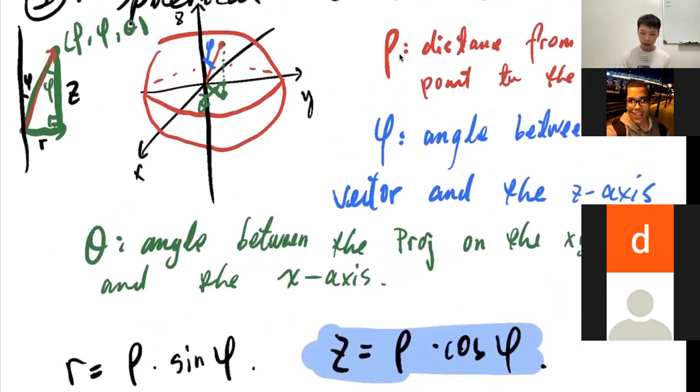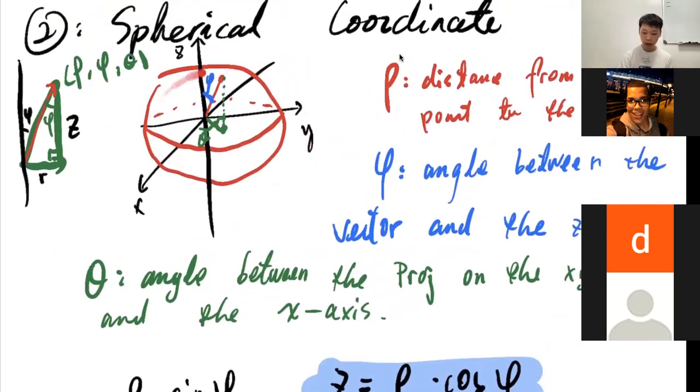For example, let's say you want to find the volume of a ball of a certain radius. It is much more complicated to represent the points of this ball using the Cartesian coordinate system.